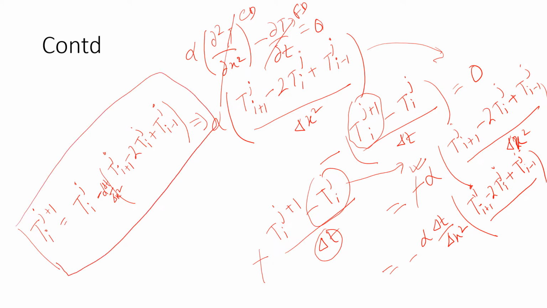However, you can also replace this term alpha del t by del x square with lambda, then this term.